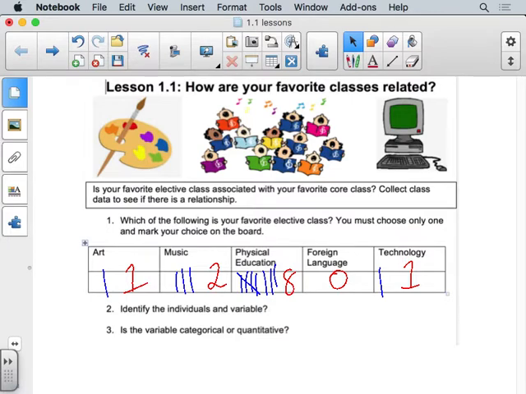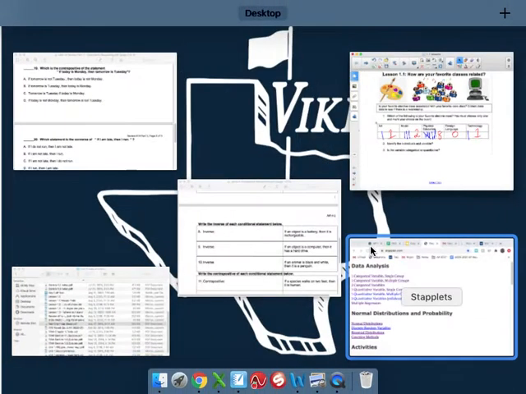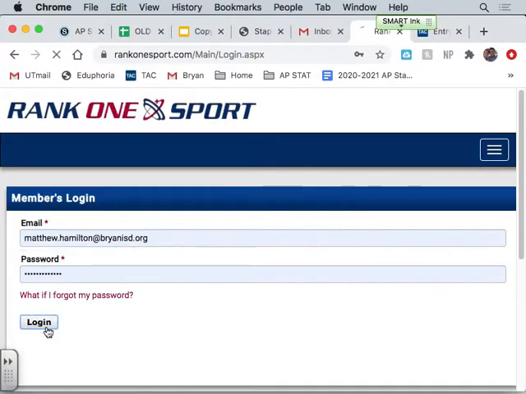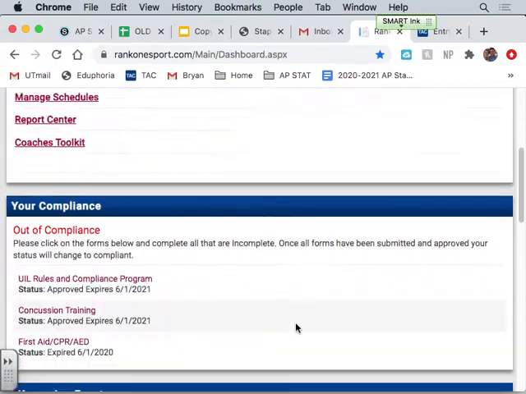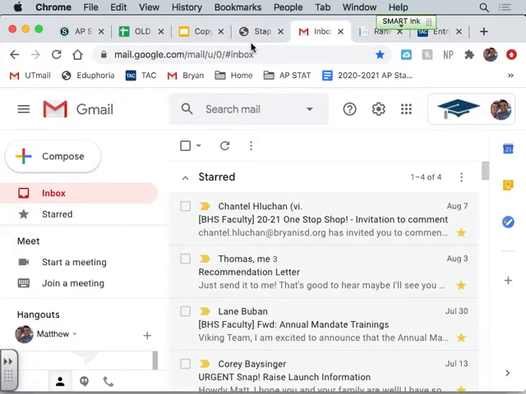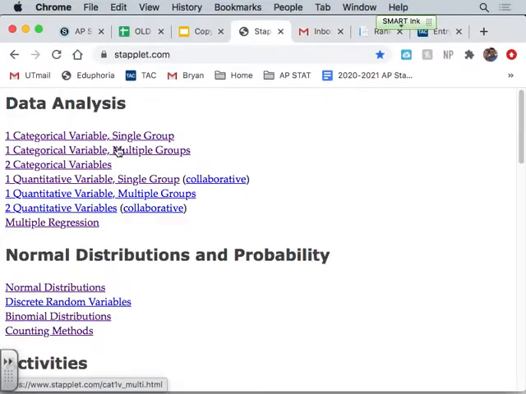Which one is one variable? Oh, is it one category? Oh, okay. Oh, okay, I get it.